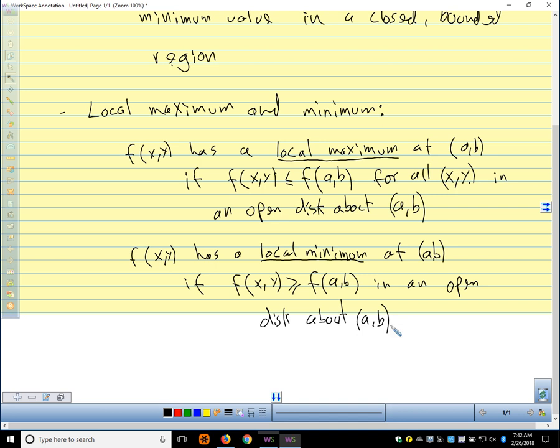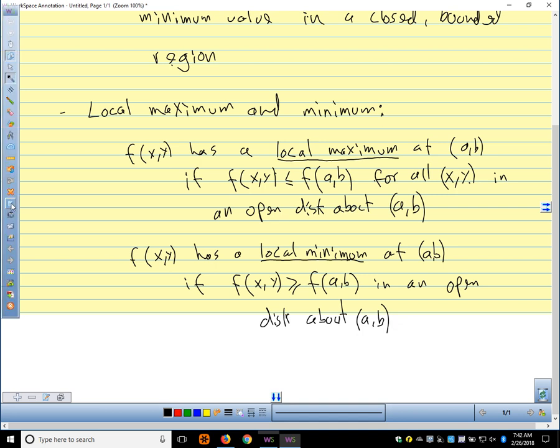And we're going to define critical points in a way that's very similar to what we did for a single variable function. So we know that in a bounded region our function is going to obtain a maximum and a minimum, at least one.